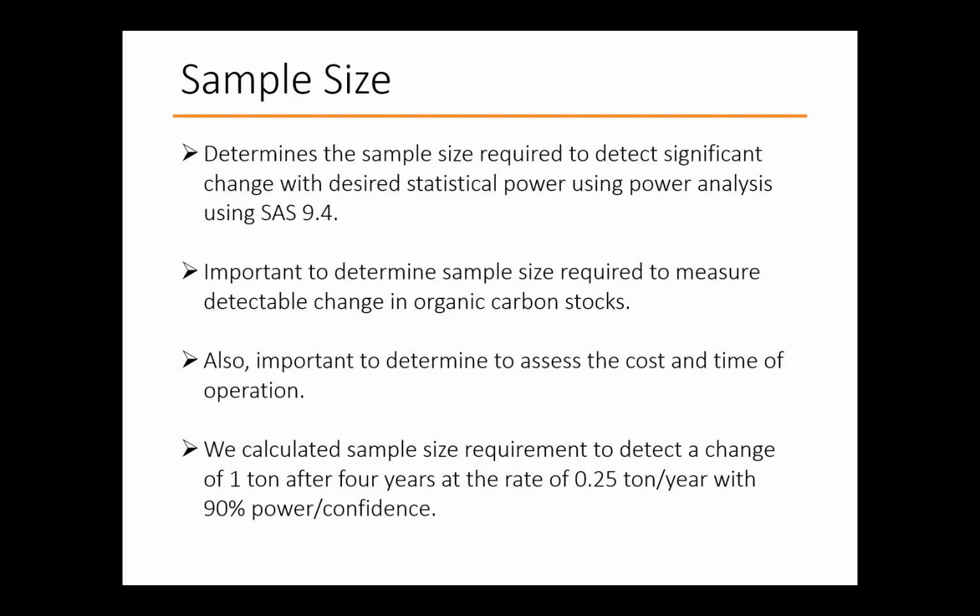So we wanted to see how many samples we would need to detect a change of 1 ton with 90% confidence. That means that if I go back and take X number of samples, I'm 90% confident that I will detect this change. I just used 1/4 ton per year to keep things simple.